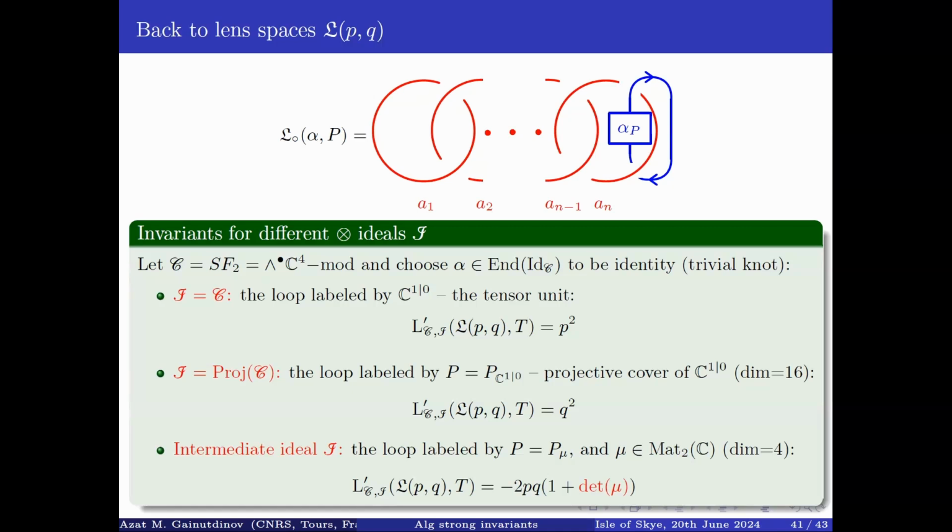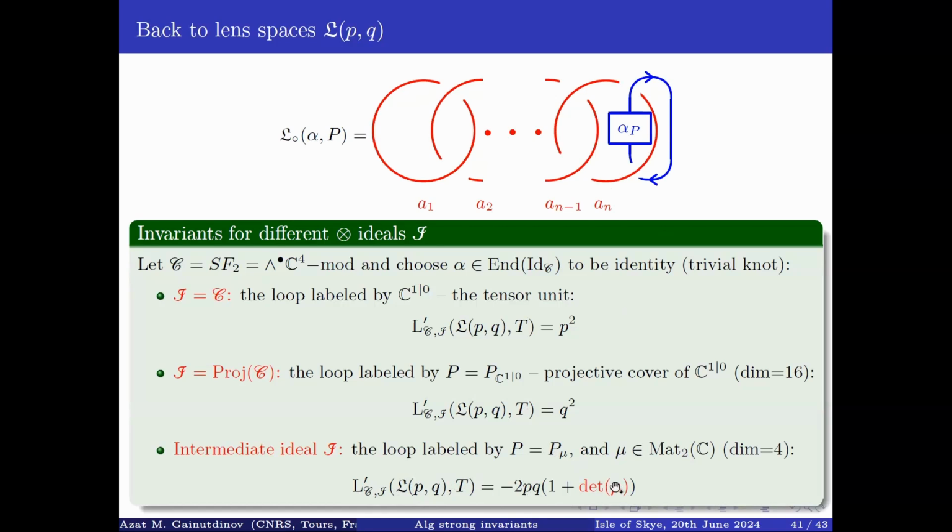It has dimension 4, and they all have the same composition series, but there are these extensions parameterized by mu. And my invariant of the lens space now with this loop labeled by this P mu distinguishes all P and Q, it's 2PQ, and 1 plus the determinant of this matrix mu.